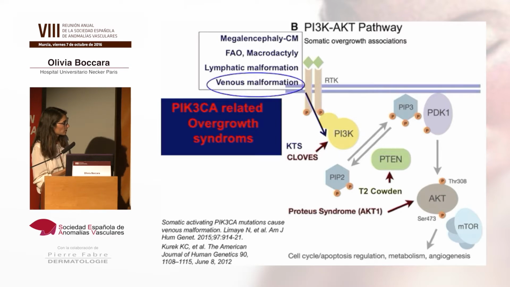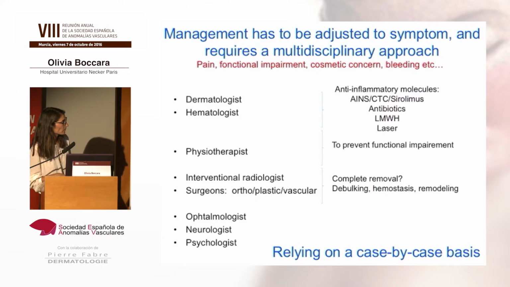So venous malformation, which is very interesting because it is like the extreme of the PIK3CA-related overgrowth syndrome. So we're going to talk about treatment.